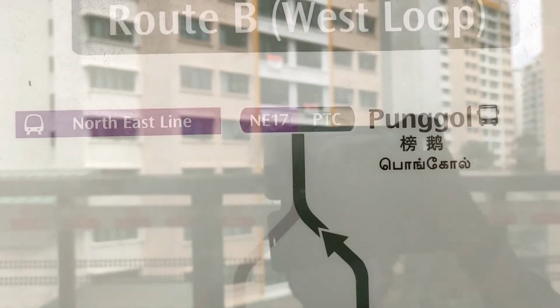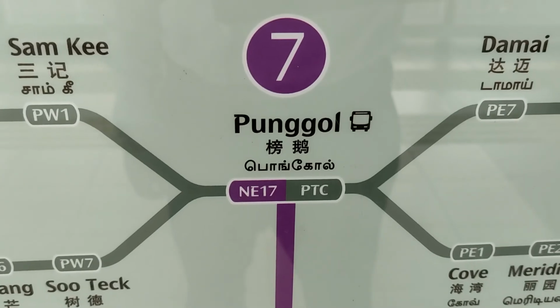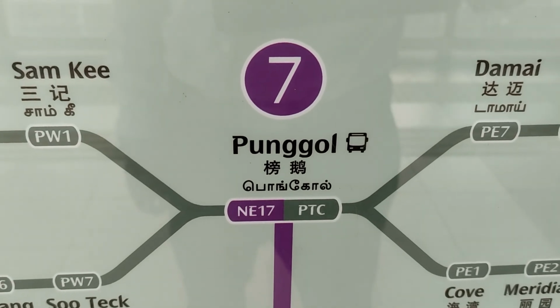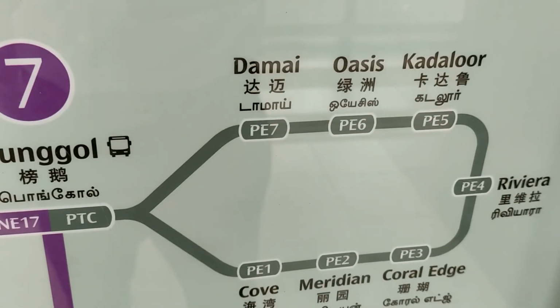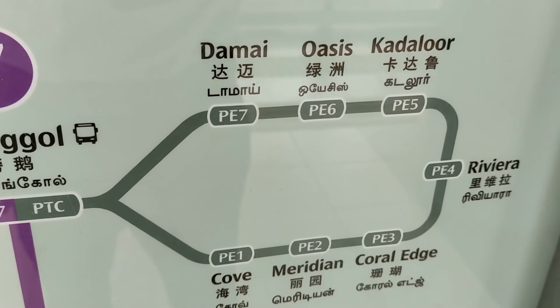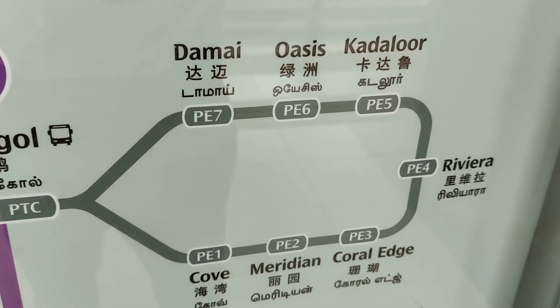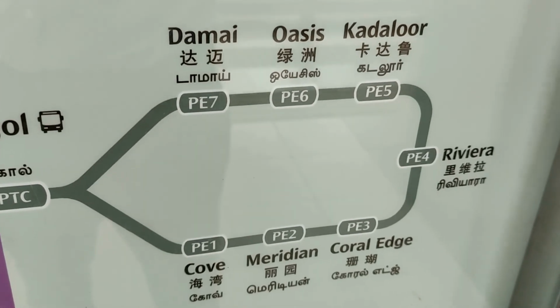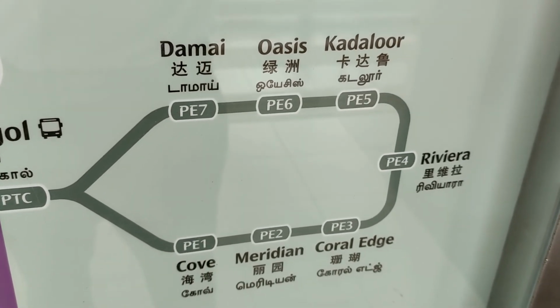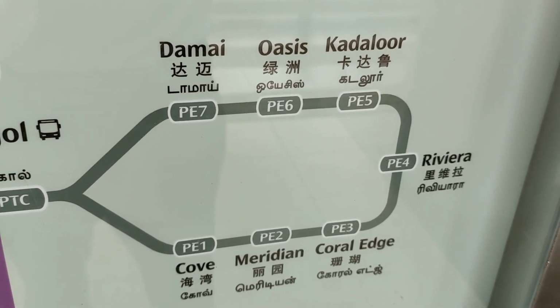The reason we got to Sutak is that we actually got into the wrong train. We should have gone to this loop, Damai, Oasis, Kadaloor. So we have to go to Kadaloor, but instead I have boarded the wrong train. So we have got to the other loop over there.